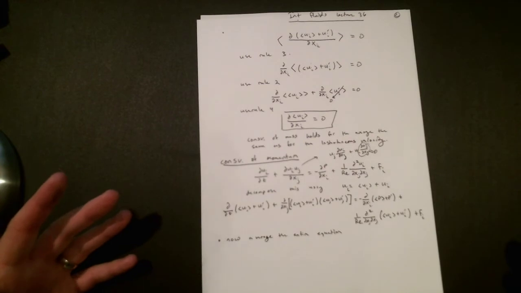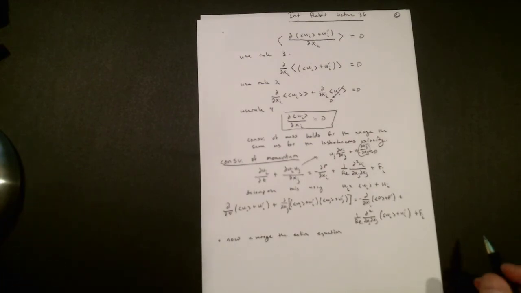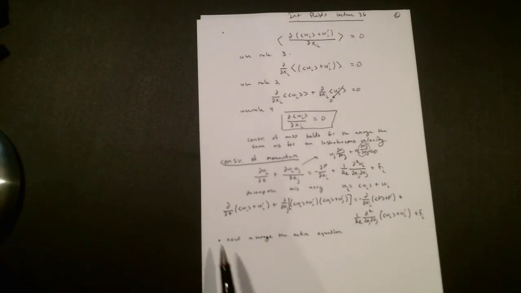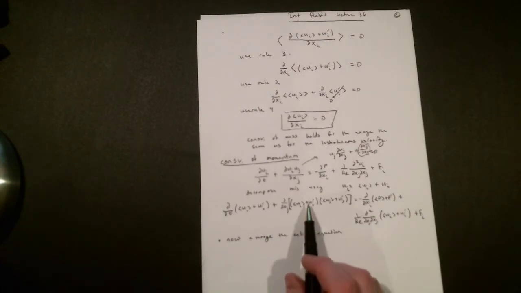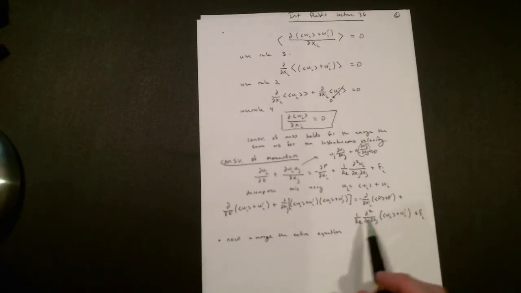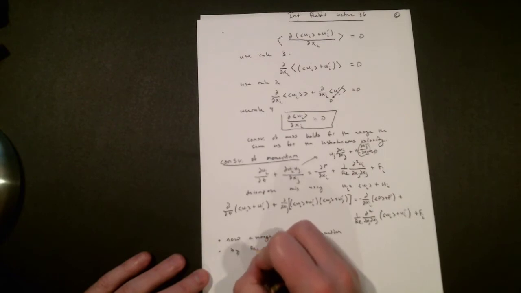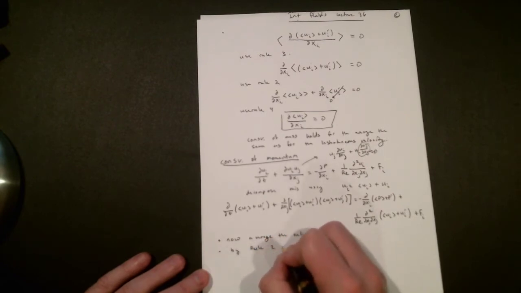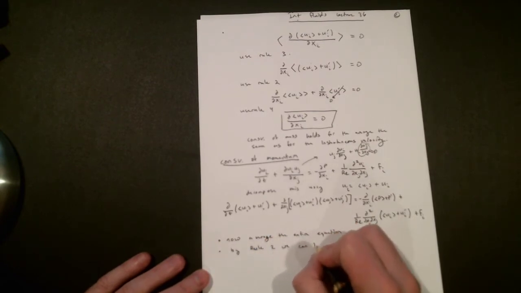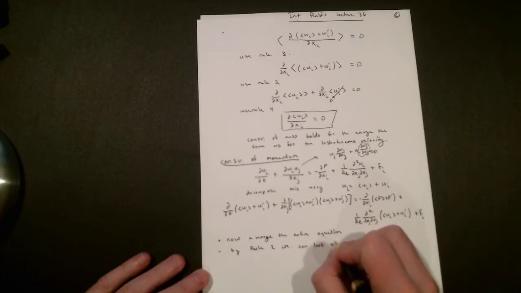So we want to take an ensemble of all these, and we know by our rule number 2 that we can take each of these terms and look at the average of each of them separately. That's what rule number 2 says. So by rule 2, we can look at each term individually.